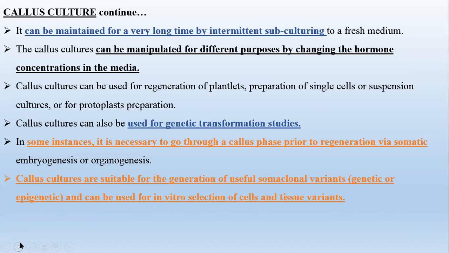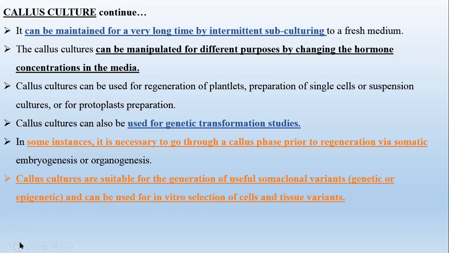Callus culture can also be used for genetic transformation studies. This is one of the important aspects of callus culture, in which genetic transformation studies are nothing but the study of gene transformation, in which a gene from one organism or plant can be transferred to another organism through gene transfer methods.